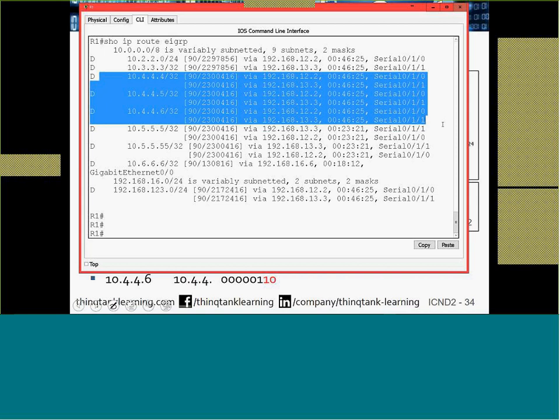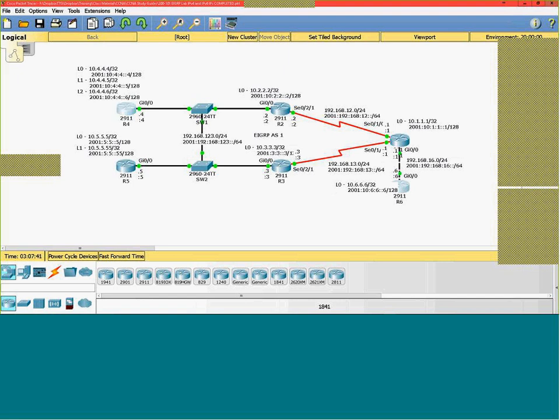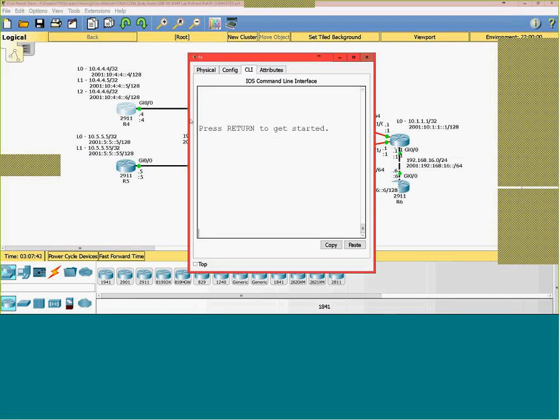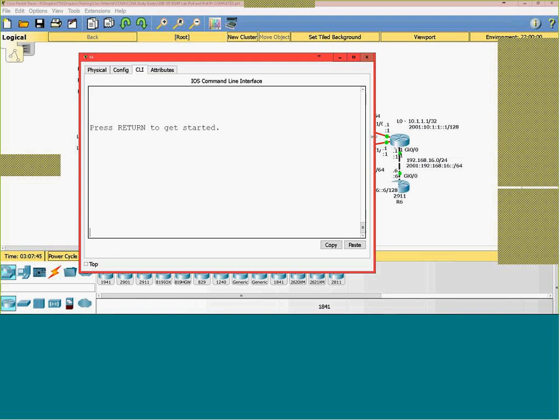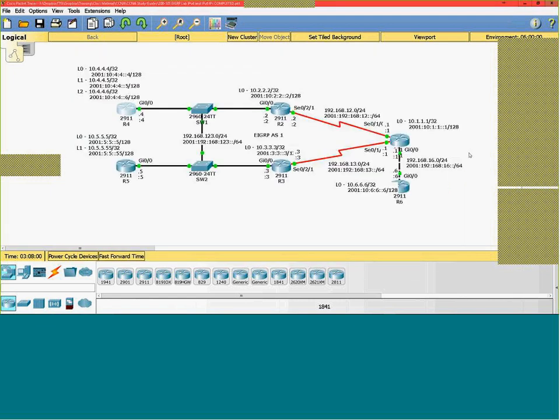So what I'm going to do is go into router 4. All right. Config t, interface Gi0/0. You always go into the interface that you want the summary to be sent out of.